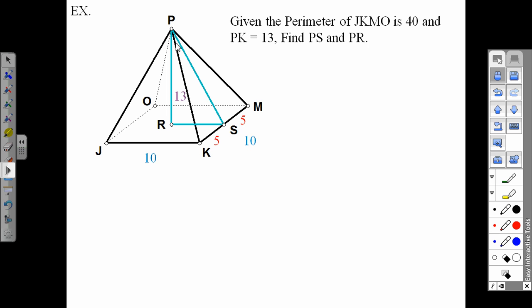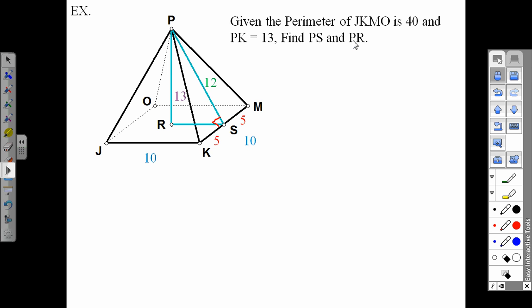So that means this right here is 13. So remember how I said this is going to be a right angle. So right here, this is a right triangle, and we have a 5 and a 13. So using our triples, we now know that PS is going to measure 12. So that was the first one it asked us to do, to find PS.